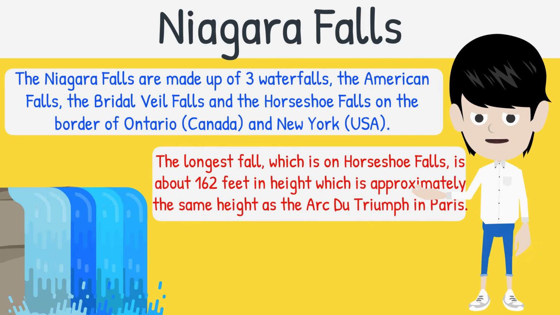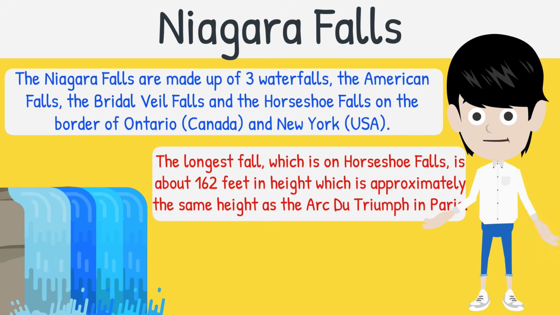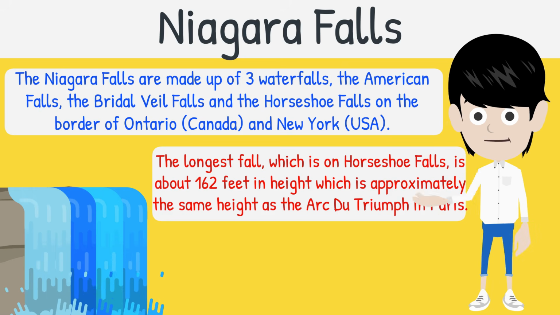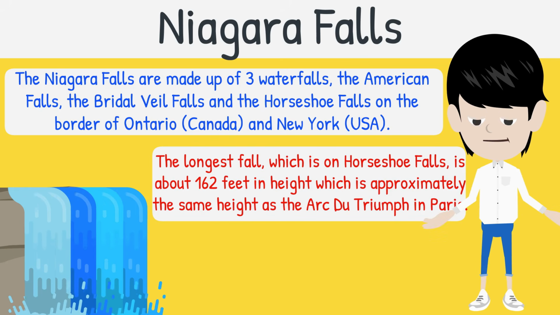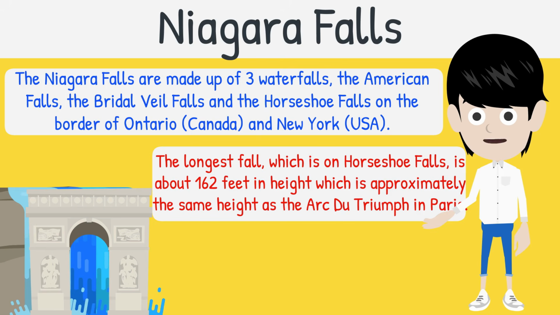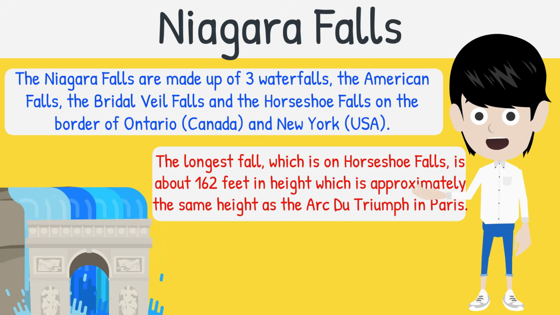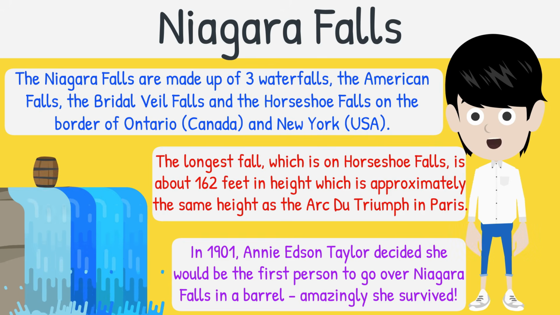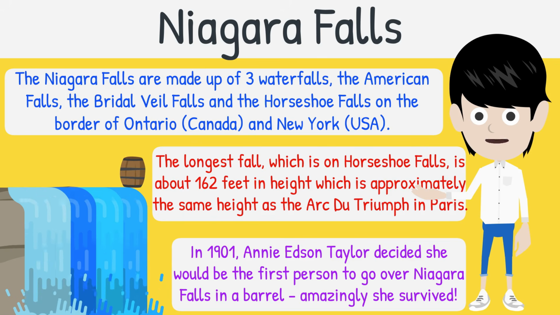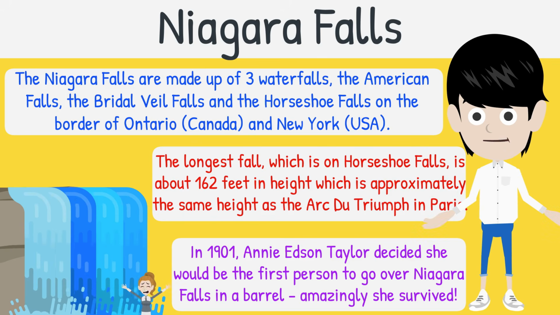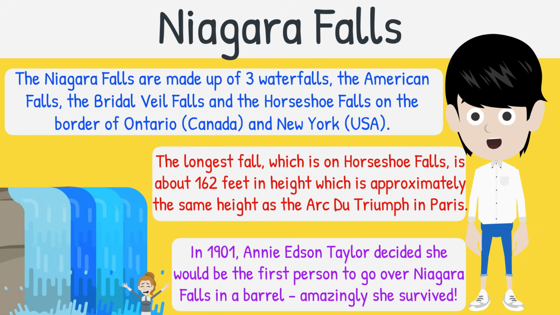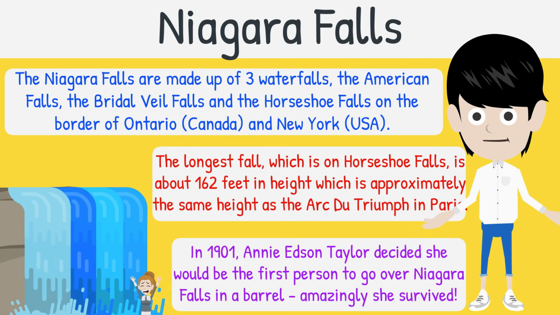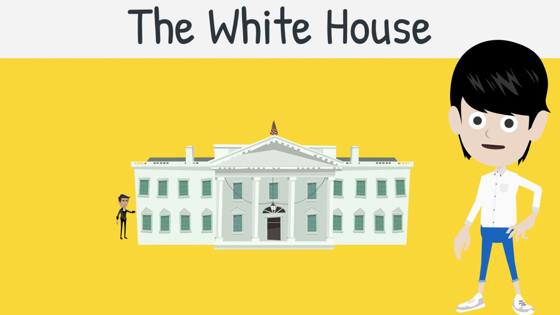The longest fall, which is on Horseshoe Falls, is about 162 feet in height, which is approximately the same height as the Arc de Triomphe in Paris. In 1901, Annie Edson Taylor decided she would be the first person to go over Niagara Falls in a barrel. Amazingly, she survived.